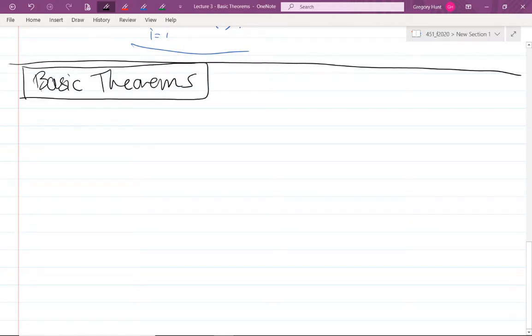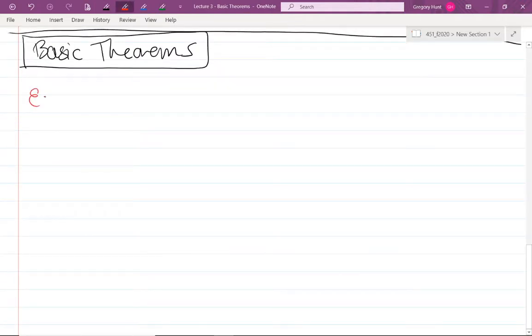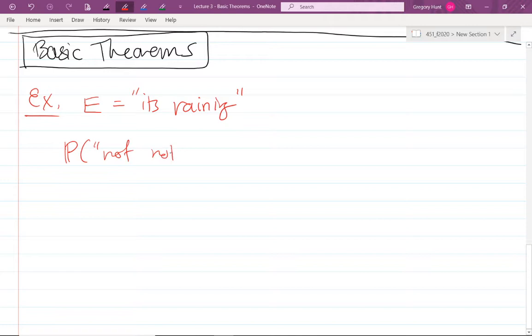So the first, simplest basic theorem comes from this observation. Again, more intuition, but now we're talking about theorems, not axioms. Our intuition is that if my event E is, let's say, it's raining, then I want to calculate the probability that it's not raining.